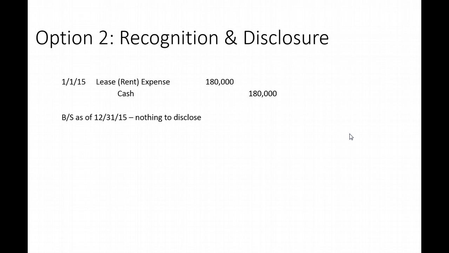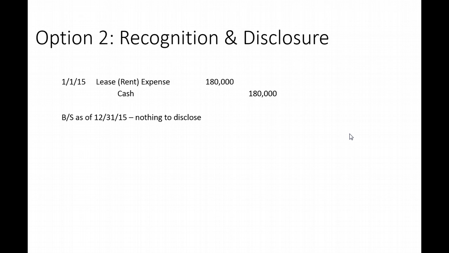An operating lease is very straightforward. Every time we make a cash payment, we debit lease or rent expense. As a result, there's nothing to disclose on the balance sheet. We didn't record a liability. There's no lease liability. There's no asset that we recorded, so there's nothing to disclose on the balance sheet as a result of this particular lease arrangement.